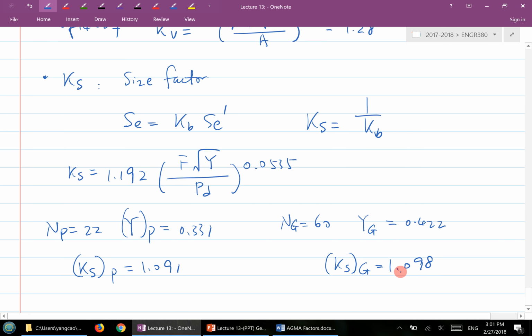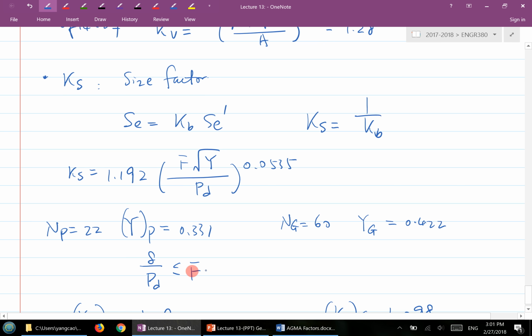Oh, by the way, before we do the calculation, there's one more piece of information we need to use for this equation: the face width. Now, the question did not specify the face width, right? So we have to determine a face width. There is an empirical equation for the face width, which is this one.